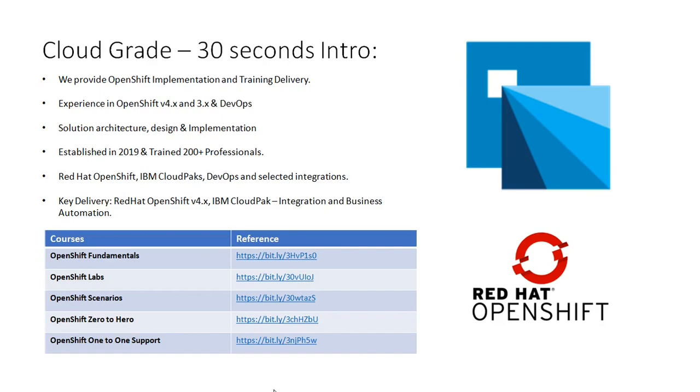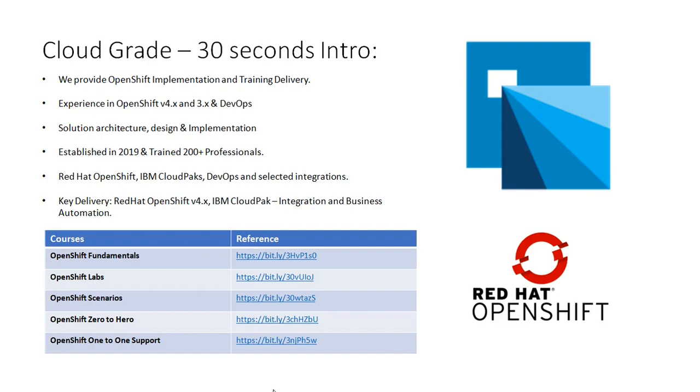We established our company in 2019, exactly at the time of the Corona first wave, and have completed 6 major implementations and trained more than 200 professionals in the OpenShift product. We are also specialists in Red Hat OpenShift and IBM Cloud Paks products, both consulting and implementation.